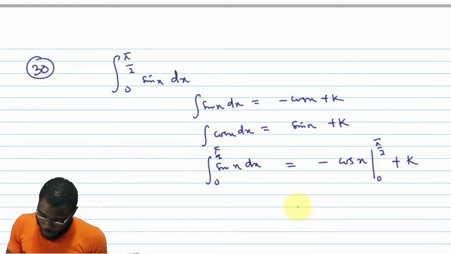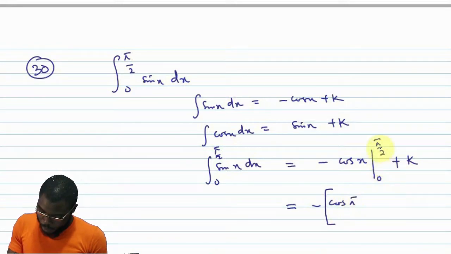So we have minus cos, you can take that minus out. So we have minus cos pi over 2 minus cos 0.